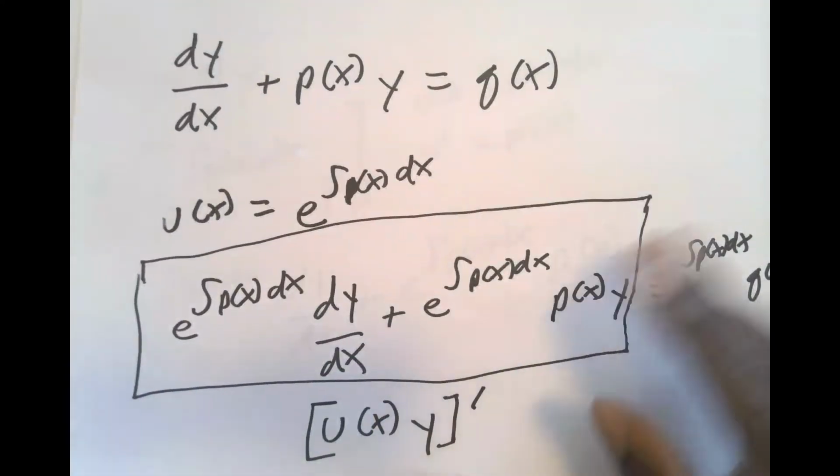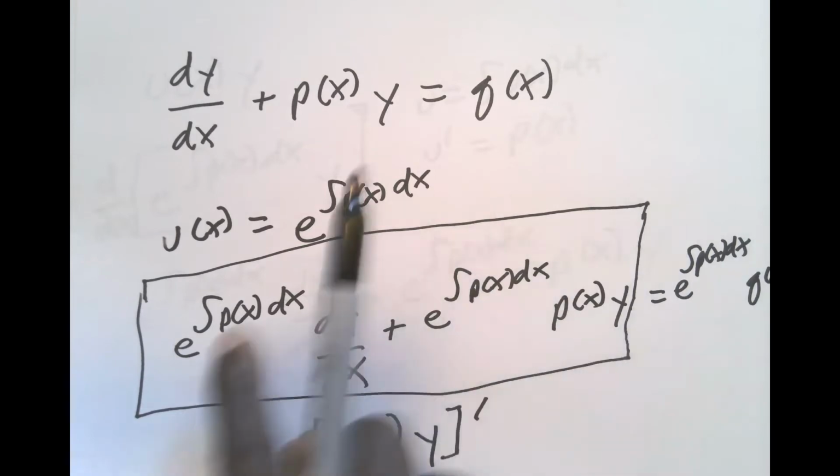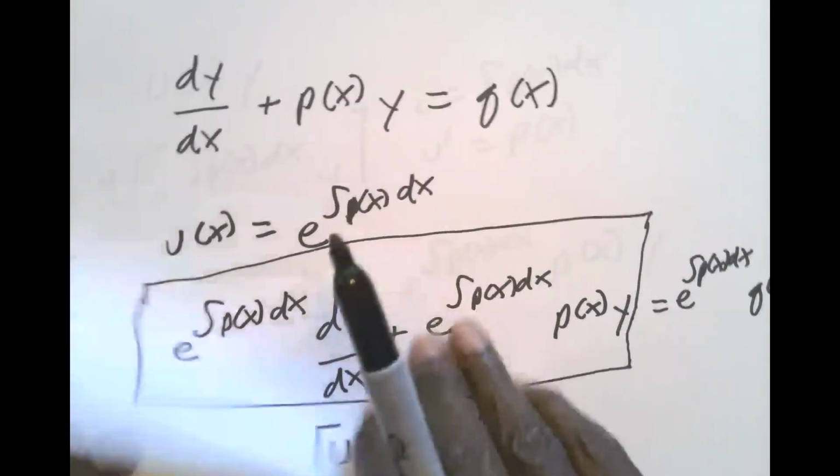Because if I integrate this whole expression, this whole guy right here, the guy you see boxed up, what I'm going to get is u of x times y. So let me rewrite this on a separate sheet.